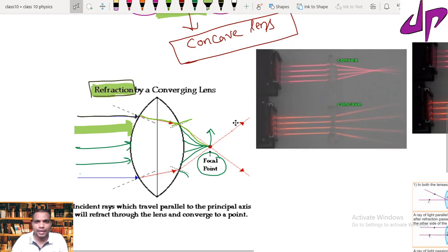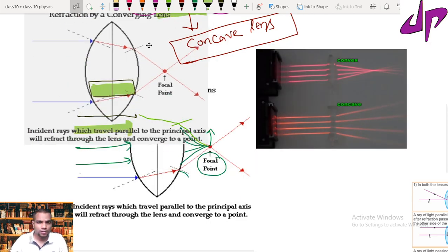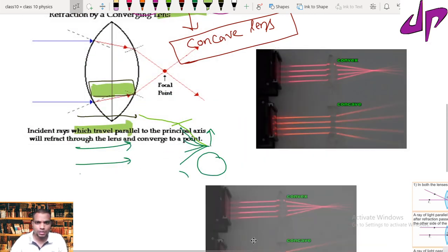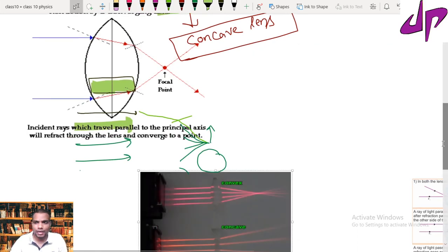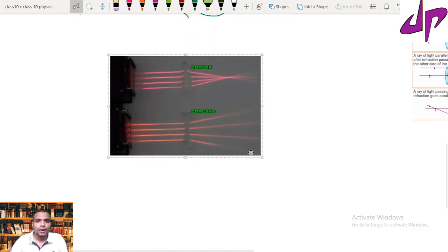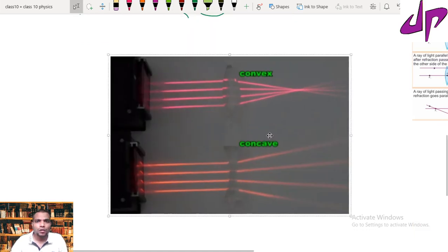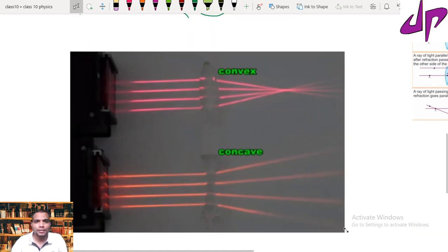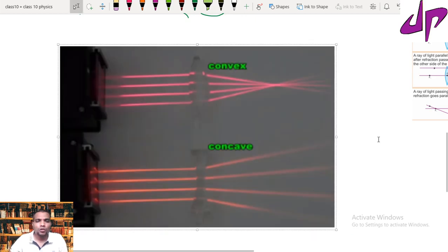Suppose you look at an experiment. This is the convex lens and the concave lens together. When light strikes the convex lens, on the top left side these are the parallel rays, the pink laser, striking the convex lens.